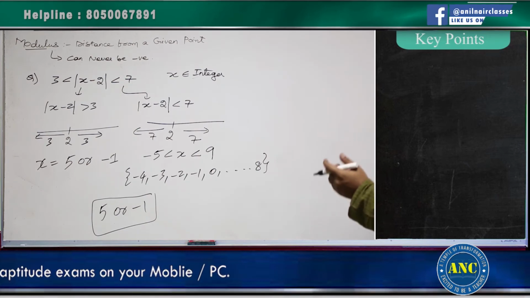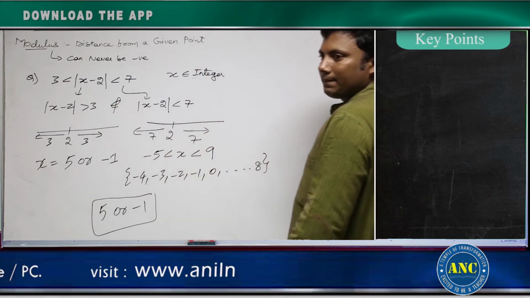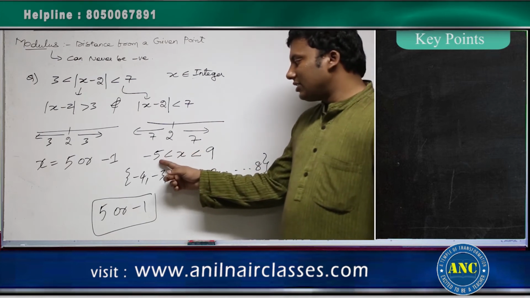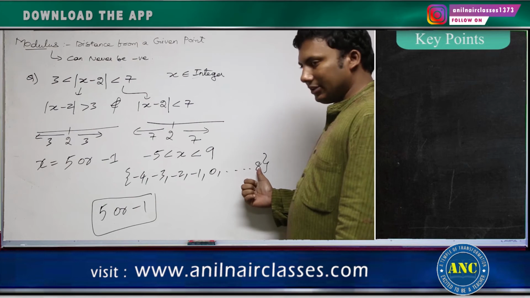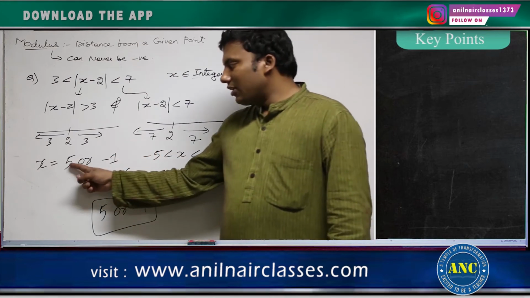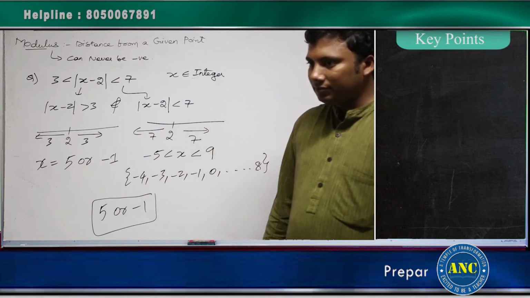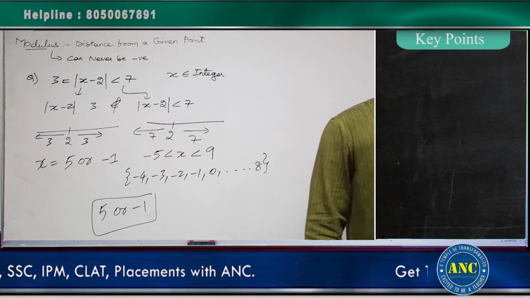Both the inequalities take this as well as this. Shankar, clear? Minus 5 less than x less than 9 means minus 4, minus 3, minus 2 till 8. This is 5 or minus 1. What is common? 5 is common, minus 1 is common. You will take it in the inequality. Understood, right? I made a mistake.